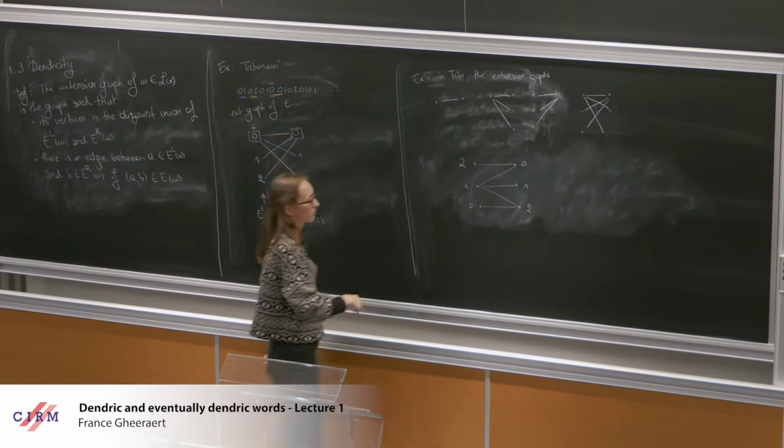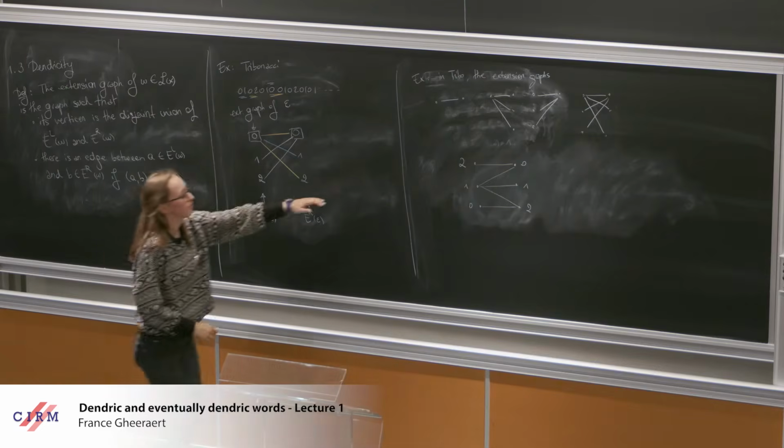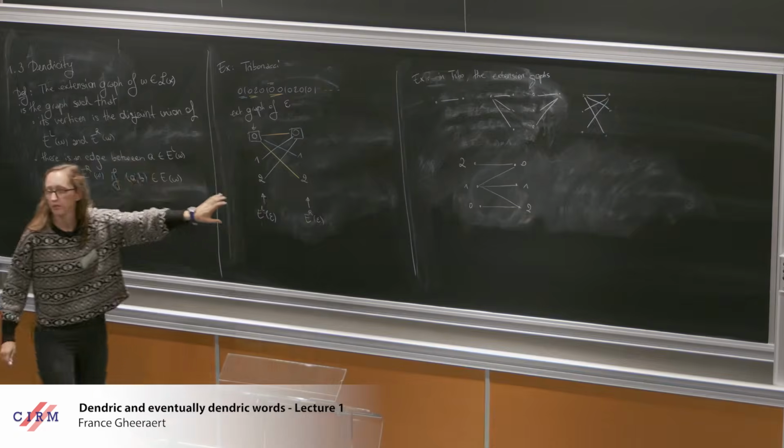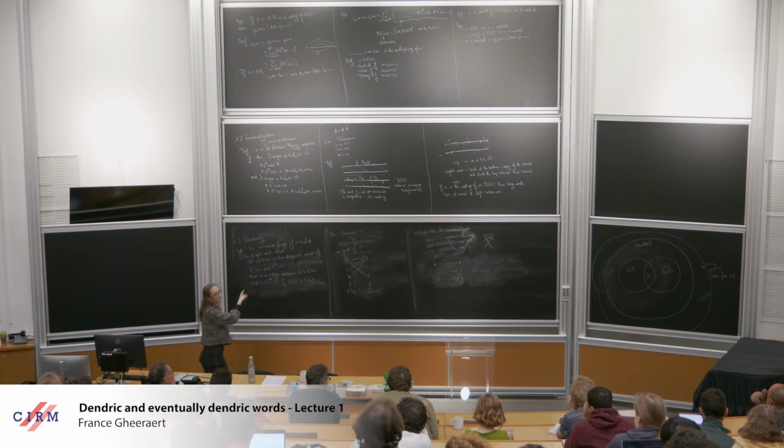They can look like something like that, or maybe you have not as many vertices, but what matters is that they don't cross because of this observation on the top.